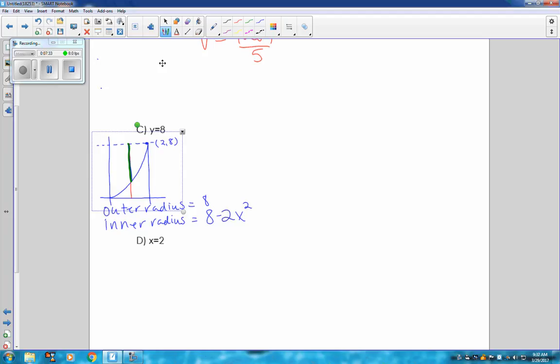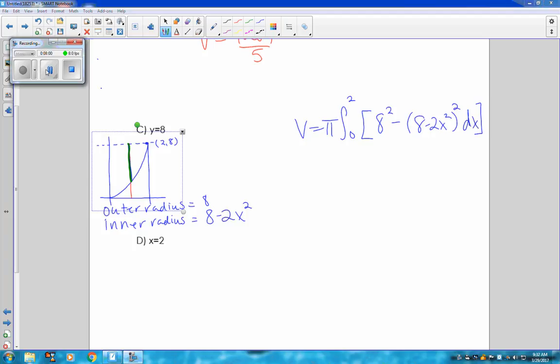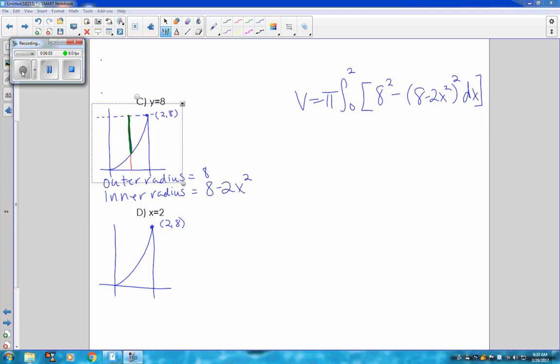All right, so setting it up, volume is, what is your upper and lower bound? 0 to 2, and it's your outer radius squared minus your inner radius squared. All right, that's what you need to integrate. Okay, remember when you square 8 minus 2x squared, that's 8 minus 2x squared times 8 minus 2x squared.